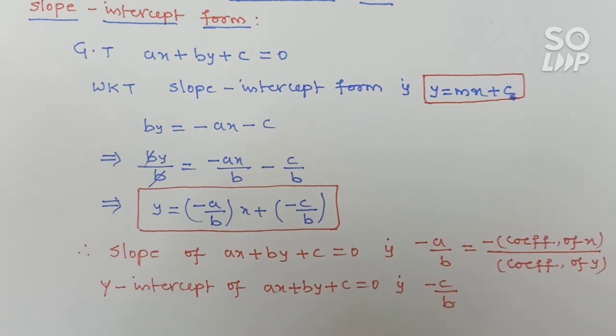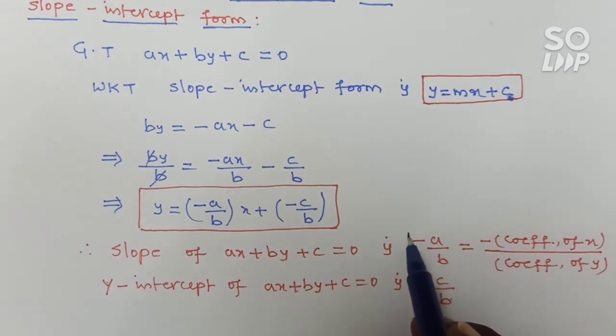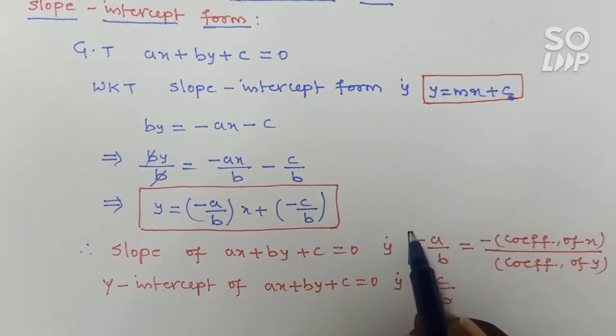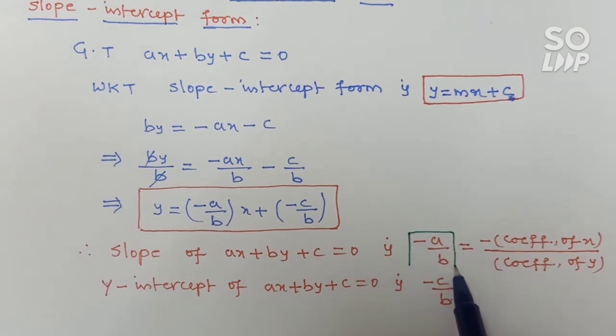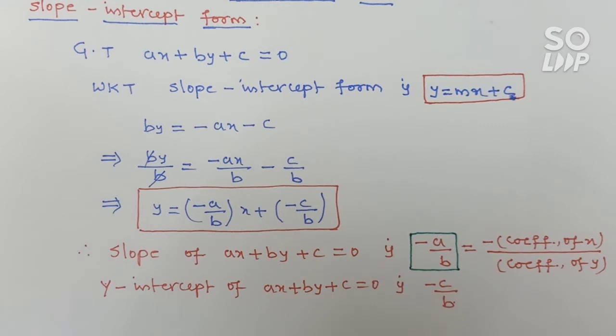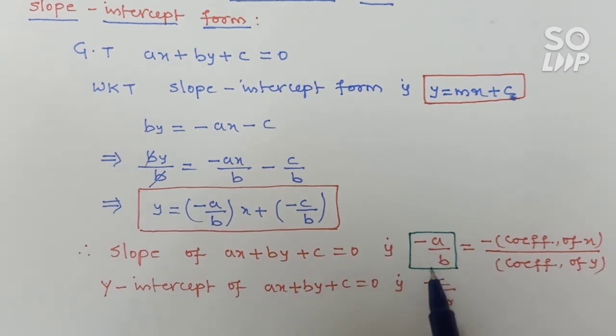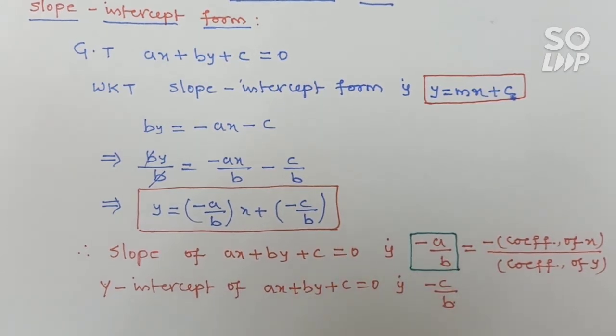So what is the use of this? The main thing is to find the slope of the line ax + by + c = 0, and for that you do this process. The slope of that line is minus a by b.